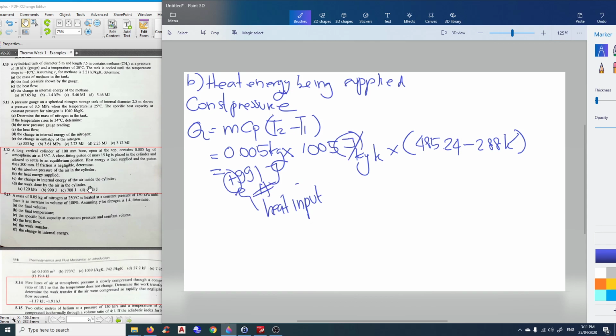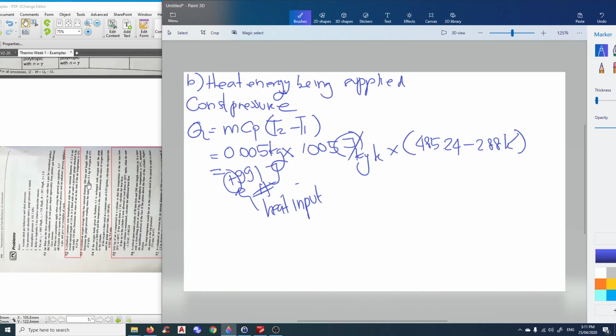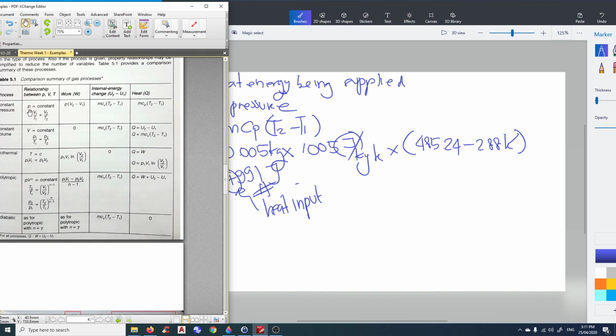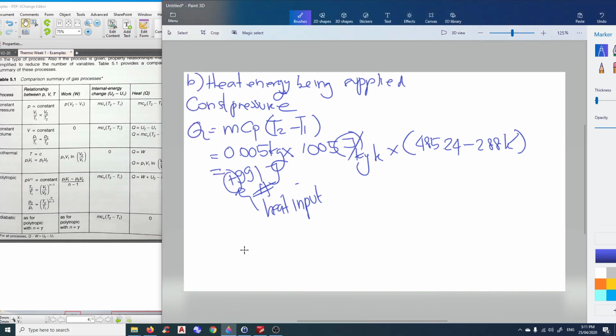Question C, the change of internal energy. Back to this formula. Constant pressure, change of internal energy, instead of Cp, now it's Cv, but it's the same formula. So for C, delta U equals mCv (T2 minus T1).